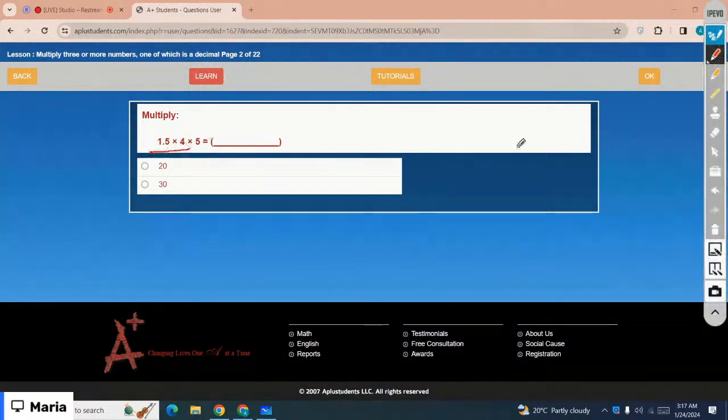So that is 15 times 4, and 15 times 4 is 60. You need to add the decimal point one place. So you have to move from here to here. So it would be 6.0 or 6, right? So that is 6. Then you have to multiply it by 5. So 6 times 5 is 30. So the correct option is 30. Got it? The correct option is 30.